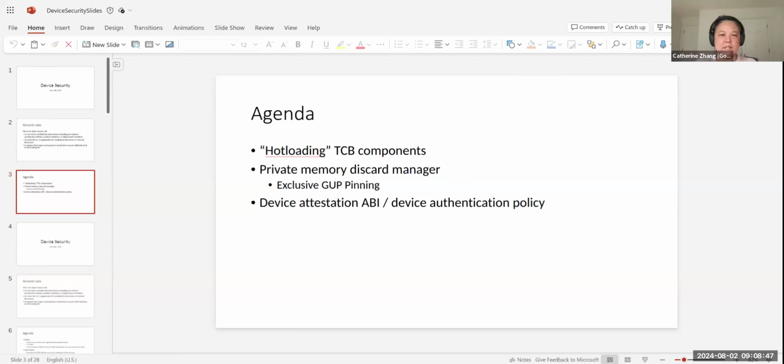Hey, I'm Catherine Zen from Google. I work with the Googlers here on the call. This is my first time joining. I'm also part of the CCC TAG representing Google. Part of my mission this year is to help with various upstreaming efforts, so that's why I'm joining this call.